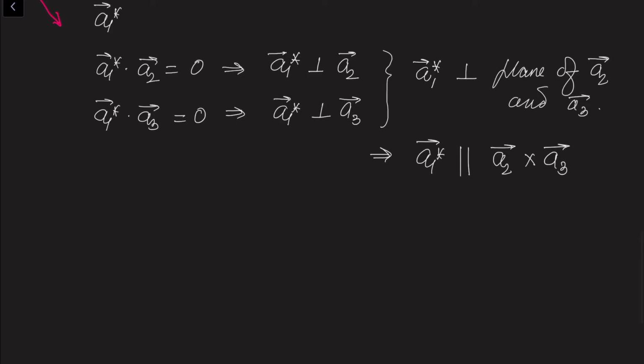So since it is parallel to A2 cross A3, the vector A1 star can be set equal to some multiple k times A2 cross A3.